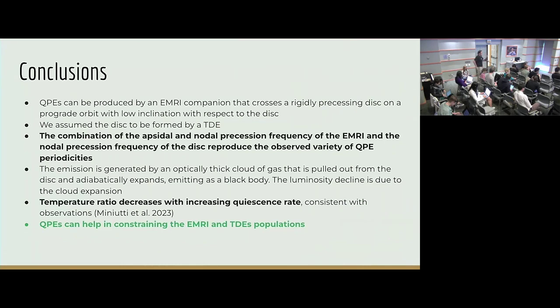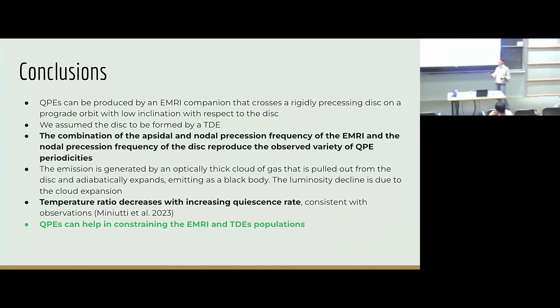It's a tiny interaction, but maybe. Yeah. So this puts a stringent constraint on the relative inclination. This is why I'm saying that, since the number of QPE sources is increasing, this is an indication that it might not be as fine-tuned as we assume it is.